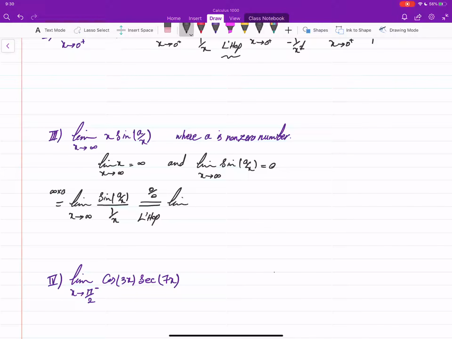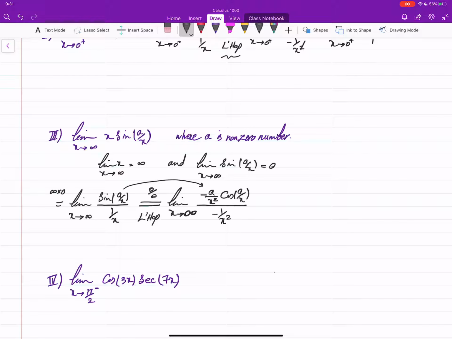This will give me derivative of sine of a over x. It will be negative a over x squared. Sine of u, the derivative is u prime, so this is derivative of a over x. Then cosine of a over x, and this one is negative 1 over x squared.